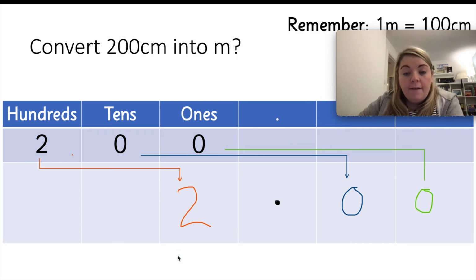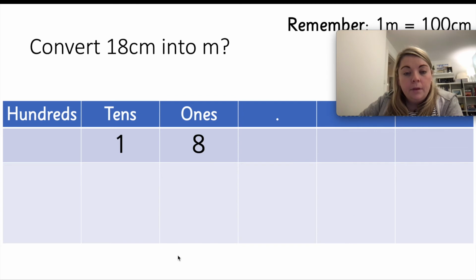Let's have a look at a further example. So if I'm converting 18 centimetres into metres, I do exactly the same. Remember, I'm dividing by 100, so that means I move 2 place value columns to the right. So my 1 in my tens column moves not to my ones, because that would be dividing by 10, but to my tenths.